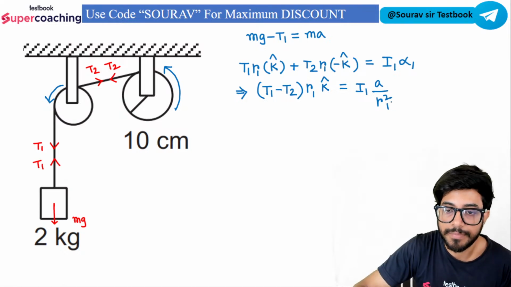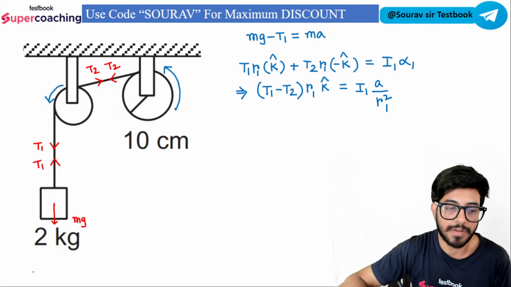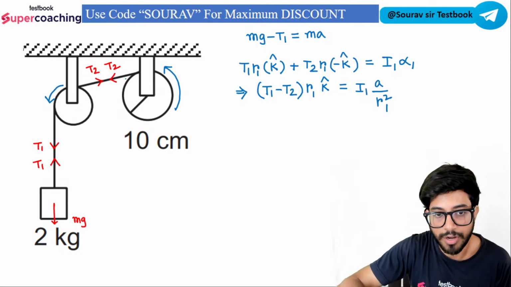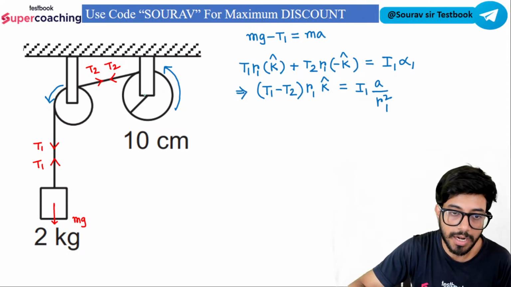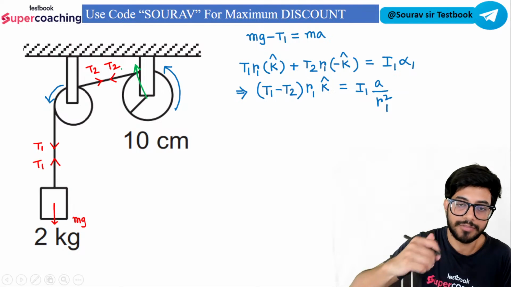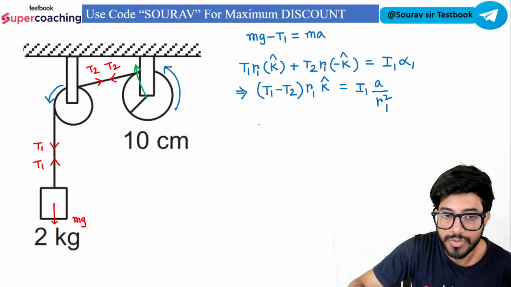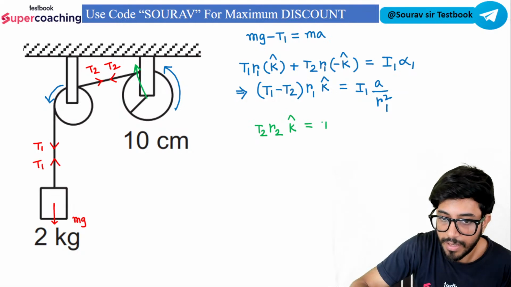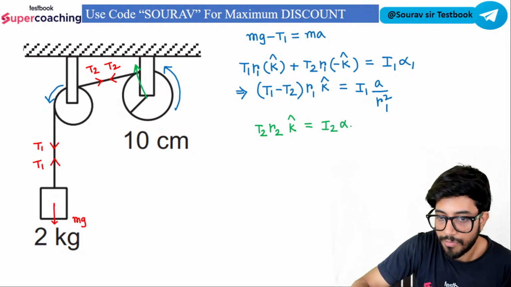Now what can you say about the second case? What can you say about this one? So that's another one. Here you have only one tension T2. So R is along this direction, R cross F, so T2 R2 k cap, that is actually equal to I2 alpha 2.